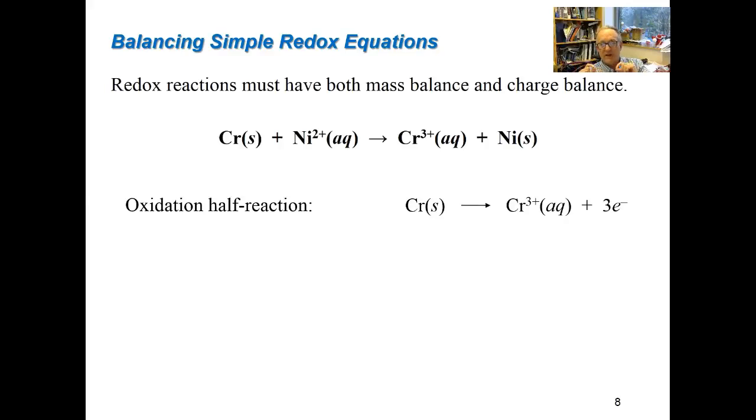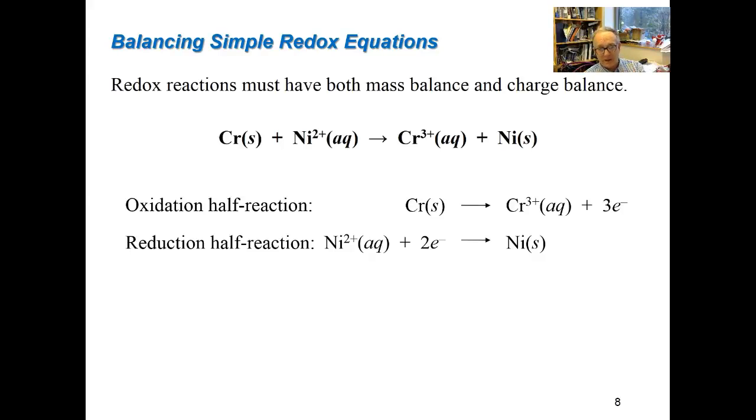So chromium solid reacts to make chromium 3+ aqueous plus 3 electrons. The reduction half reaction is nickel 2+ going to nickel solid. To get this to be electrically balanced, or charge balanced on both sides, we have to add 2 electrons to the reactant side.